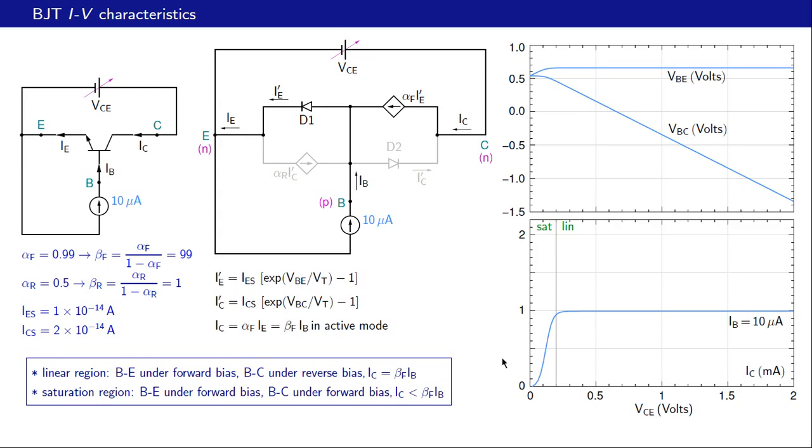So here is the IC VCE curve for 10 microamps again, and in the linear region or the active mode, the collector current is beta times IB, which is about 1 milliamp. Now we want to look at the IC VCE curve when the base current changes from 10 microamps to 20 microamps. So let's look at the results.